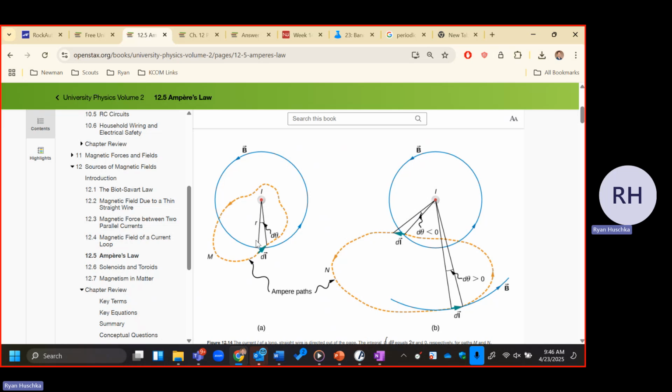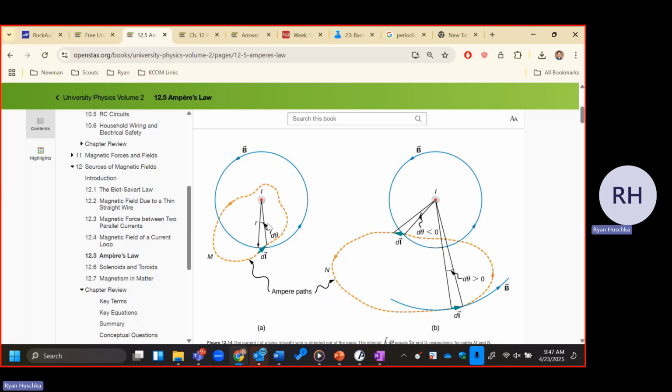The figure on the left, A, has a random surface going around it, and the straight wire, I, is going through that surface. Imagine the surface is in the plane of the board and the wire is coming through it. So what is a line integral?